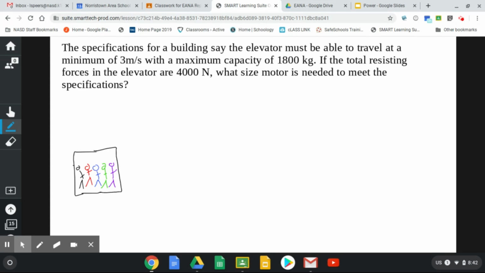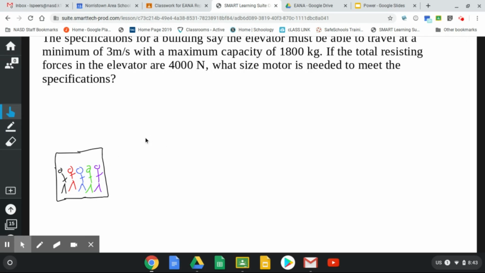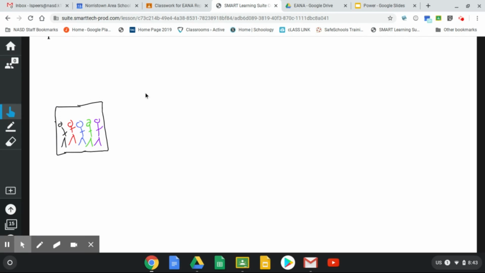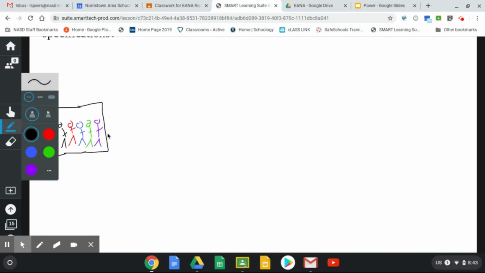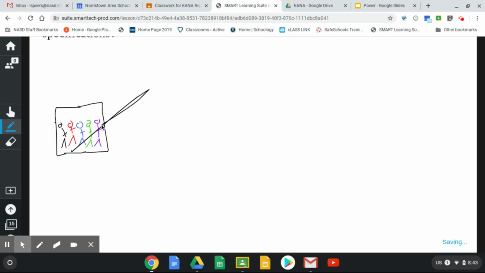Okay, let's see how we need to attack this problem. I'm going to move this up so I have a little more room to draw.